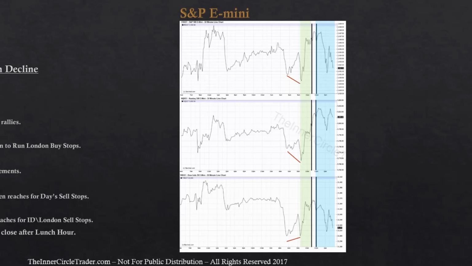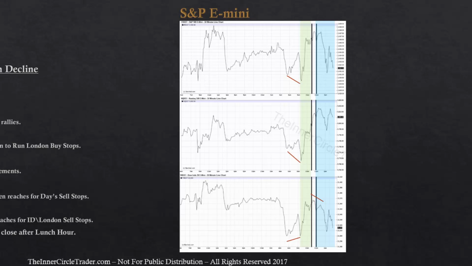Then we went into the lunch hour, and immediately after the lunch hour at 12 to 1 o'clock in New York time, that begins our PM trend or afternoon session for the equities or indices. And again, at the bottom, we can see that the Dow, from the high formed in lunch, made a lower high, was unable to rally above it in the PM session, and went lower.